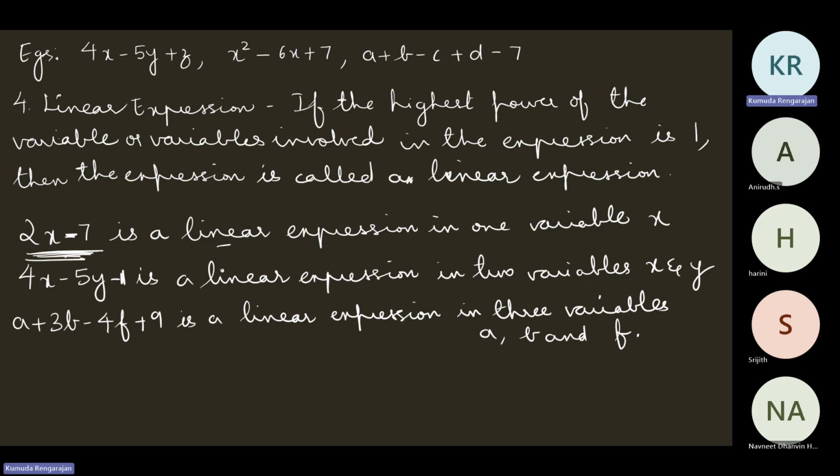So this is an example of a linear expression in one variable x. There's only one variable x, and it's a linear expression because the power of the variable is 1. Don't see these numbers 2 and 7. You should look at the power of the variable. That's all.